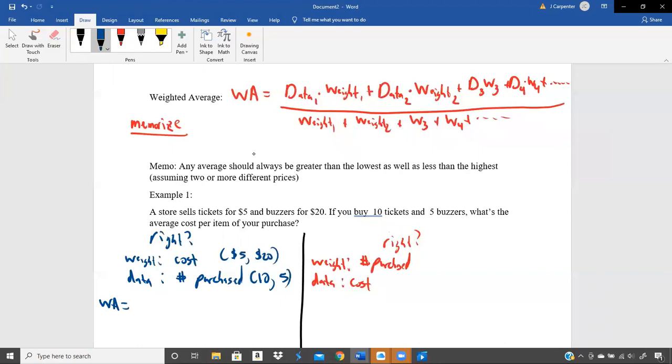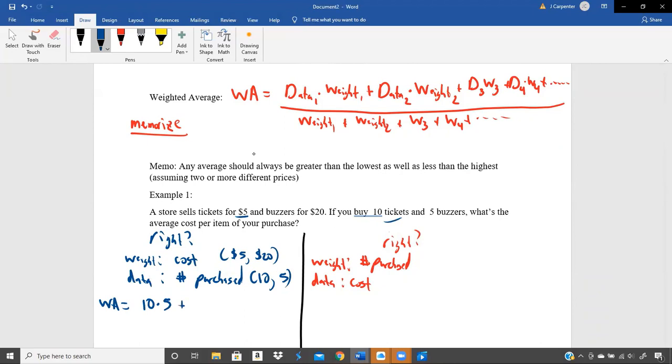All right, so we said that the weight, and I'm going to try and do them in the same order that you see up on the formula. So I'll go data, then weight. So the data we said was the number purchased, which for the tickets was 10, times the weight, which is the 5. Plus, so again, that was the number of tickets and the cost per ticket.